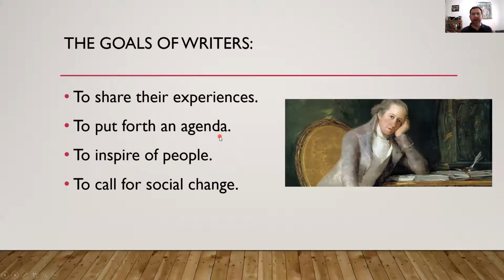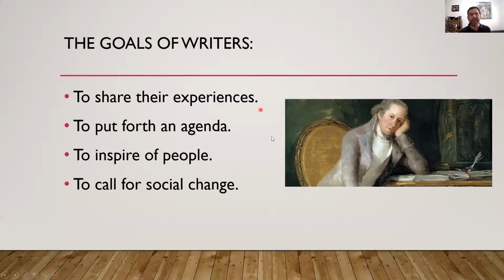And we'll talk in today's lesson about what George Eliot's agenda was. And when they have an agenda which they want to put forward, quite often they know they cannot do things on their own. What they really need to do is inspire other people to do something. And in this case, it is to call for social change, to call for a change in society itself. And we'll get to exactly what we're talking about here.